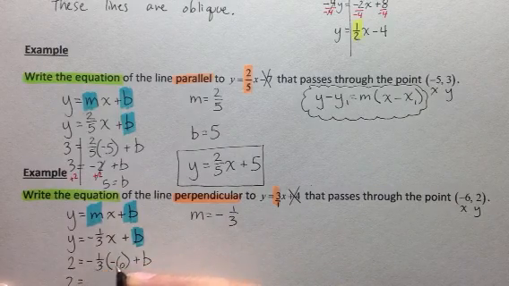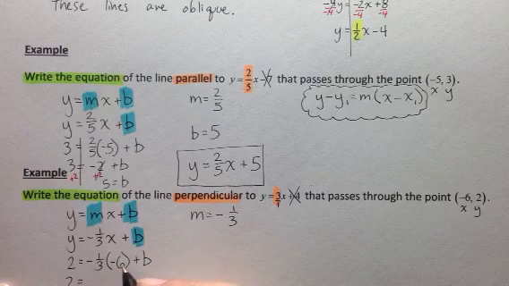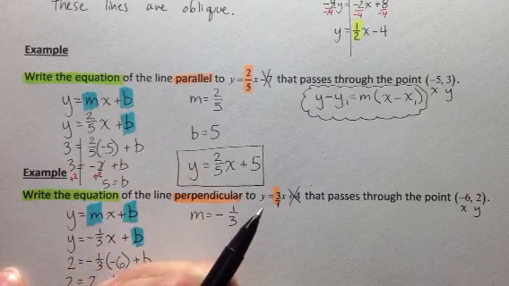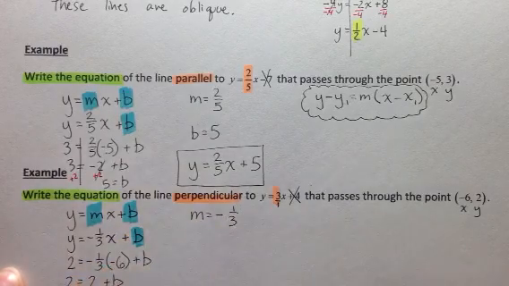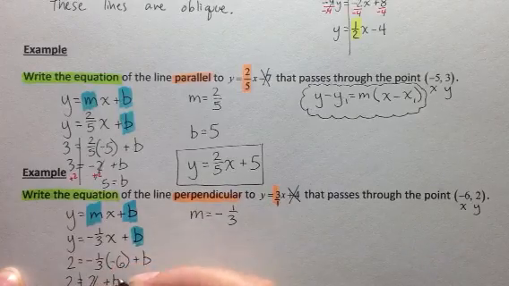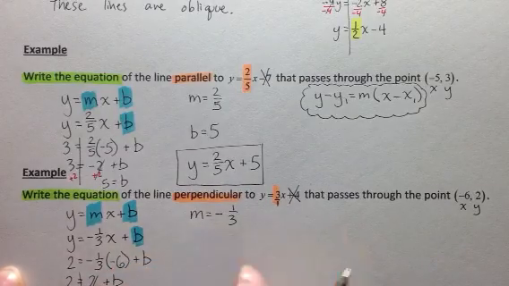2 equals negative times negative is positive, 1/3 of 6 is 2. And I'm now going to subtract 2. And I'm doing my left and right side here, so that makes 0.